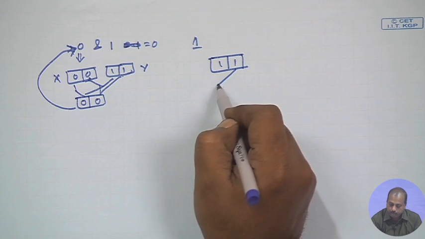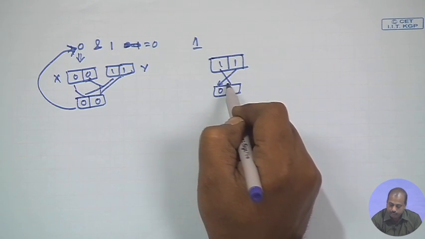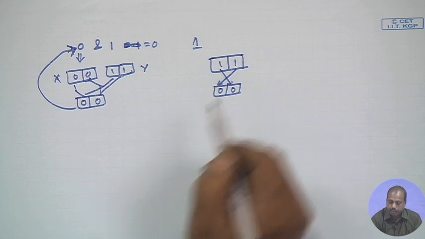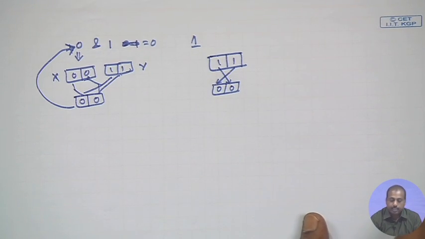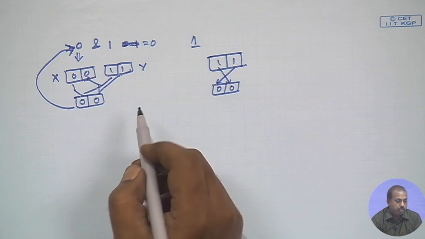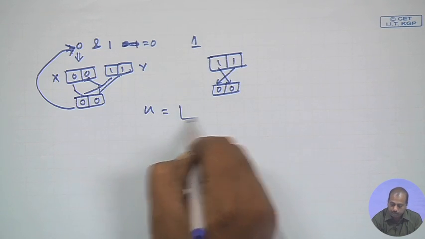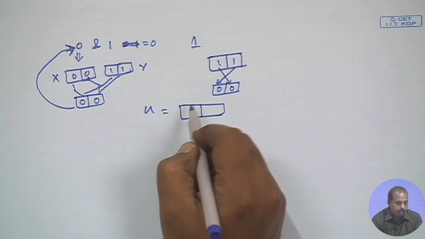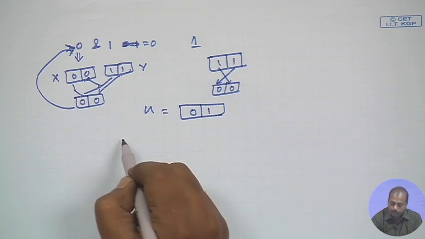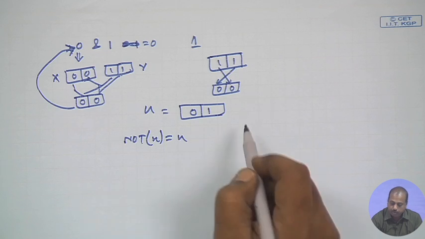So this gets a 0 from here and this gets a 0 from there, and I get 0 0. Why is it done like this? It is because if the symbol is u, the value is u, which is represented by the symbol 0 1. When I take NOT over u, the result should also be equal to u.